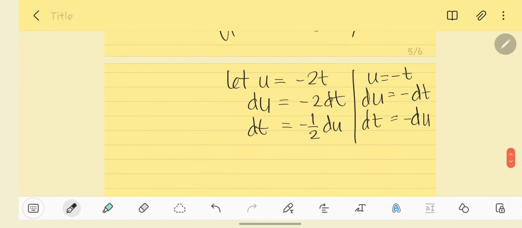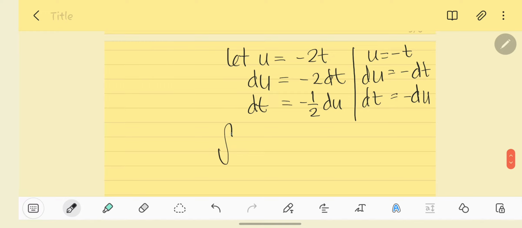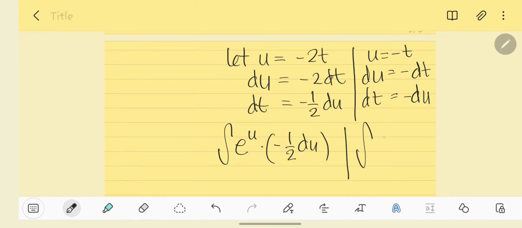So now we have e to the u times negative 1/2 du. The other side is e to the u times negative du.